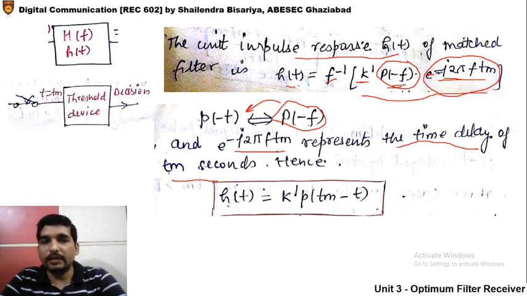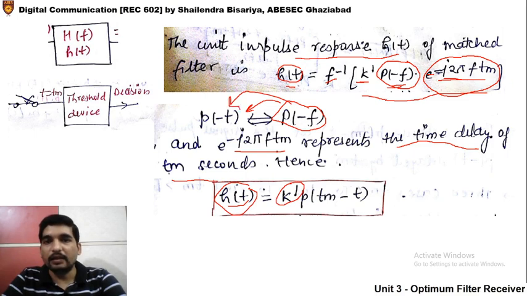So we can say that the impulse response h(t) is nothing but K' times, since it is a constant coming out, p(-t) shifted by Tm.